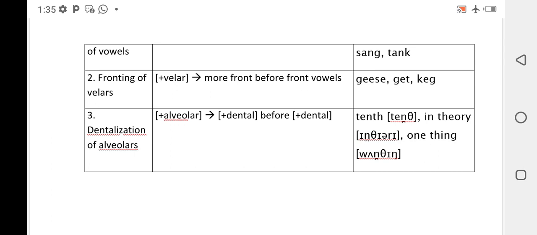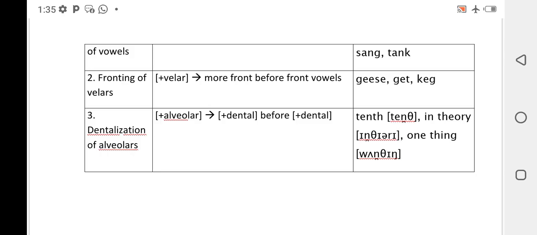In theory, when you say in theory, it sounds like one word already. So when you are producing it, here we have n occurring with again a dental sound.